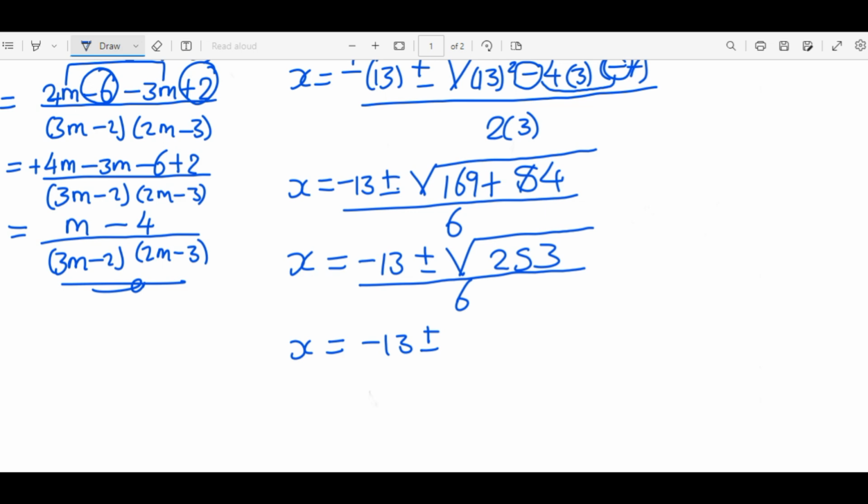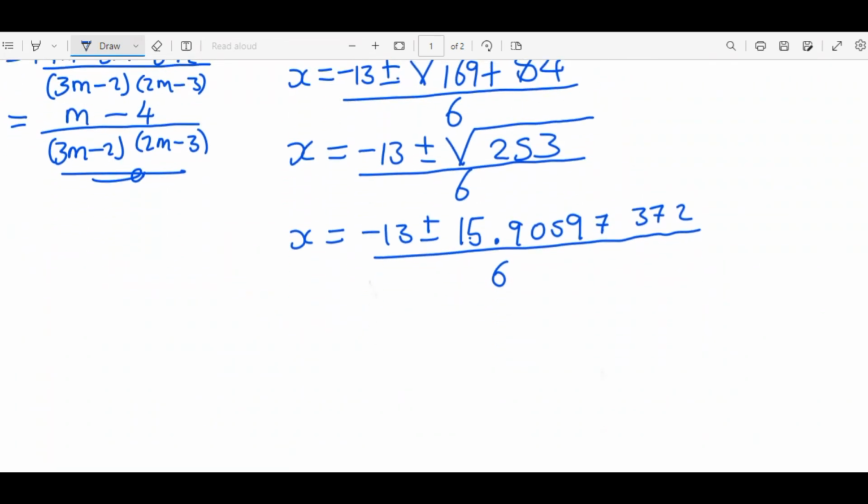I'm getting 15.90597372 over 6. Then the next step is we need to split our equation into two equations.